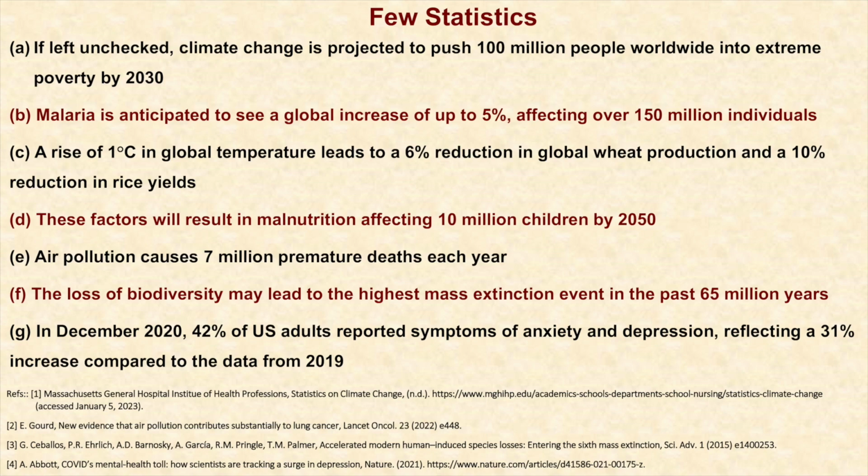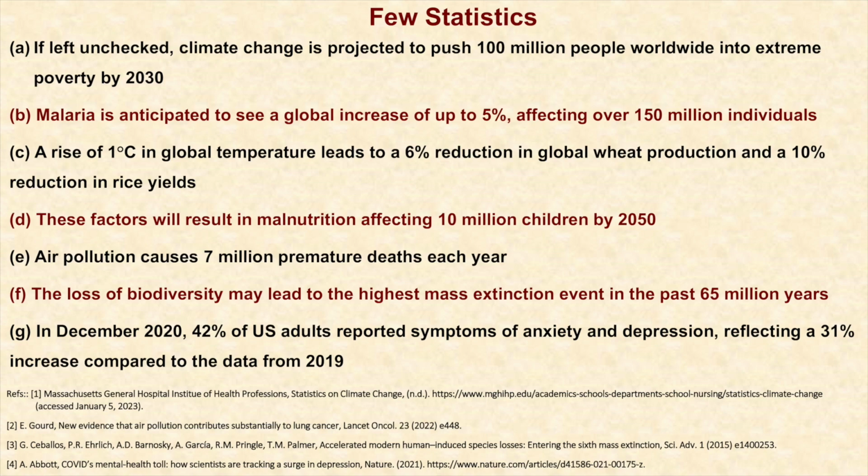This number is not a matter of joke. Next, malaria is anticipated to see a global increase of up to 5%, affecting over 150 million individuals. A rise of 1 degree Celsius in global temperature leads to a 6% reduction in global wheat production and a 10% reduction in rice yields. Again, an alarming statistic.